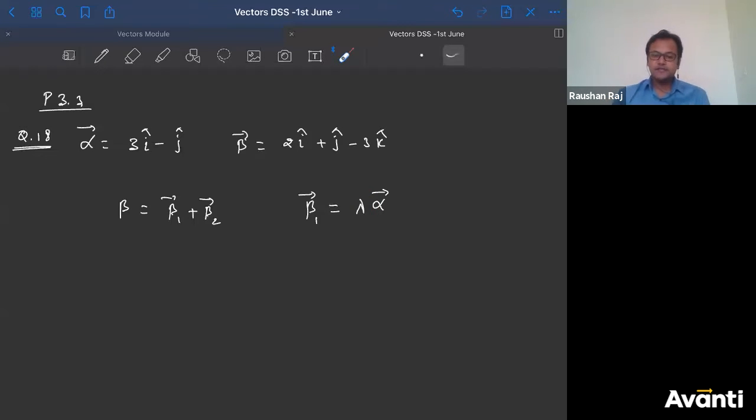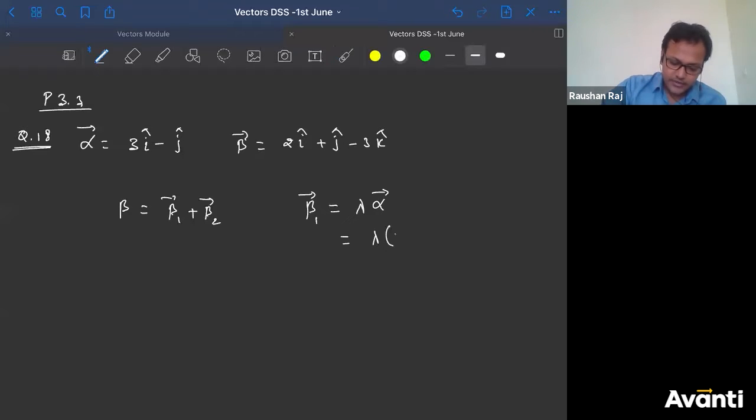So lambda into alpha is nothing but lambda into 3i cap minus j cap. If I put this value here, I would get 2i cap plus j cap minus 3k cap is equal to lambda into 3i cap minus j cap plus beta 2 vector.